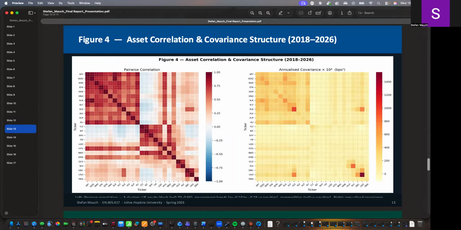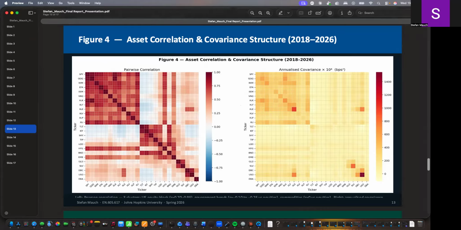So we see some positive correlations, we see some negative correlations, and for a diversified portfolio, we want low correlations amongst asset classes.